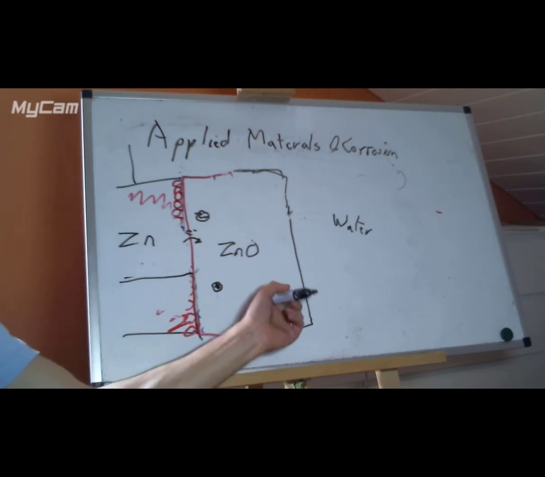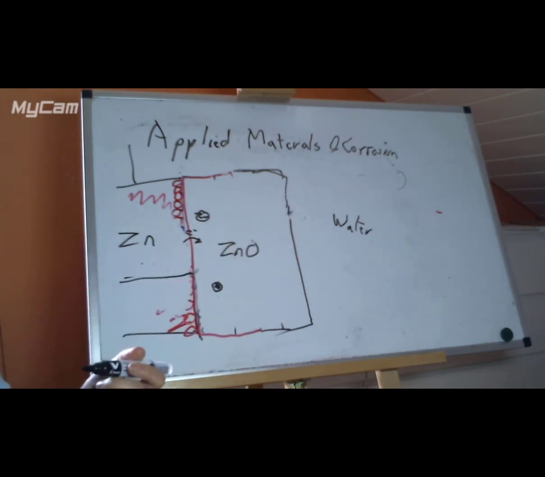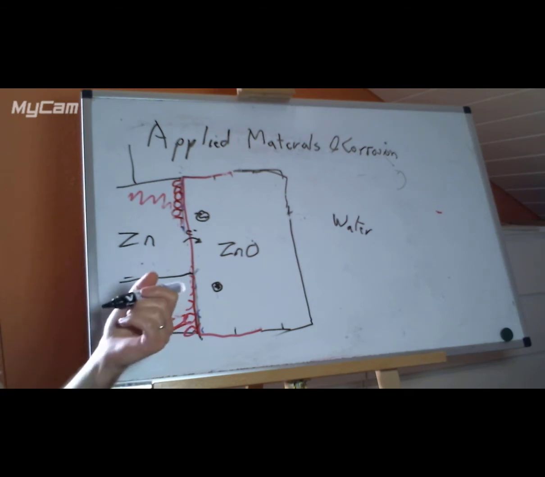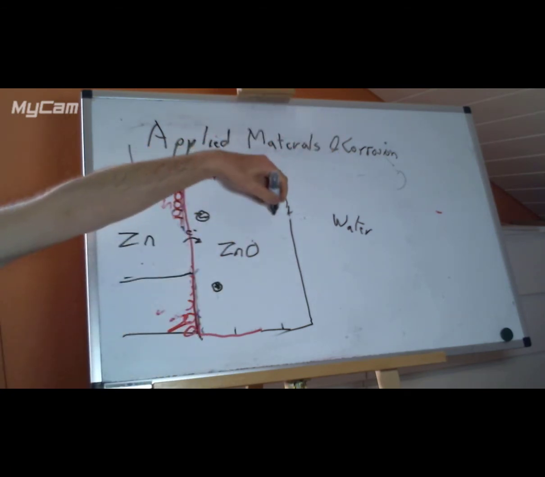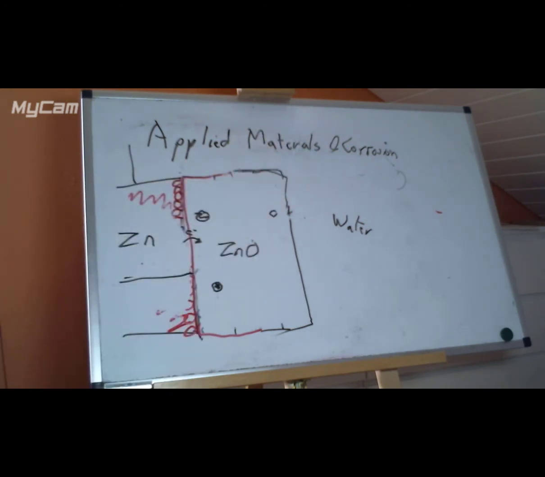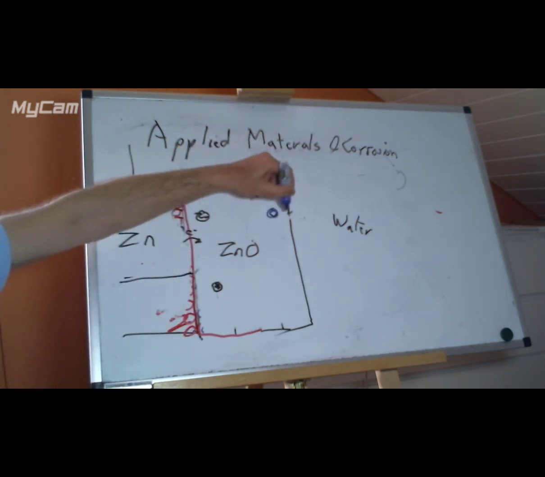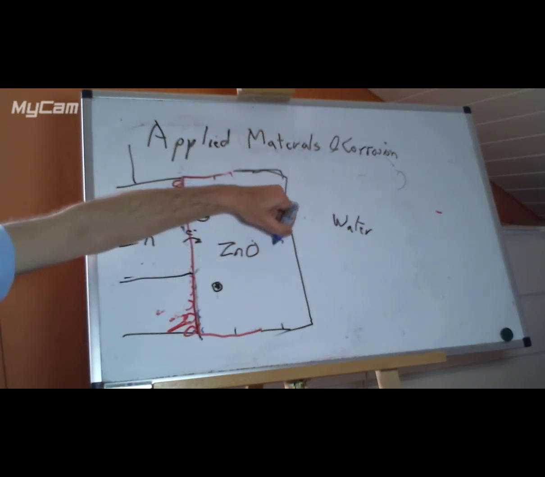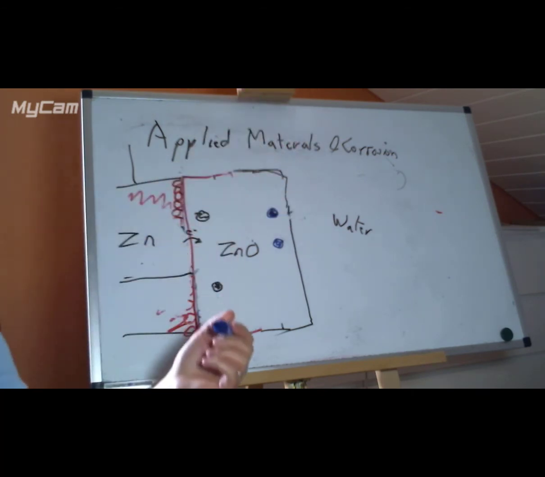On the outside, zinc oxide has a tendency to form extra oxygen positions effectively. So it tends to over-oxidize. So we've got, let's make them a different color, we've got oxygen positions on the outside, which are also point defects.